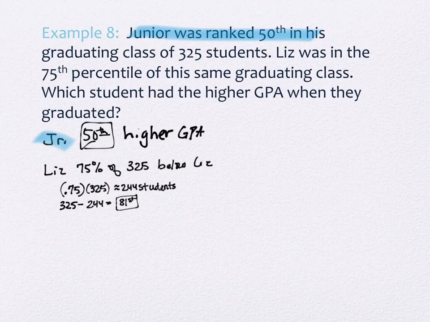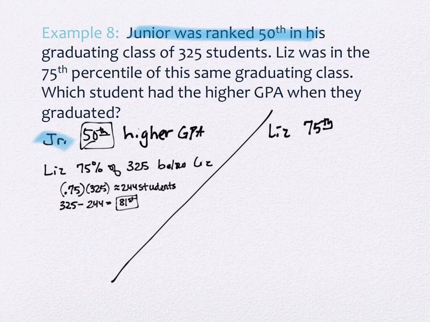Okay, so we did that by turning it into a class rank question, right? We can also do it in terms of percentile questions. So I can look at the percentile that they're at. Liz is 75th percentile. Don't write 75% as 75th percentile.